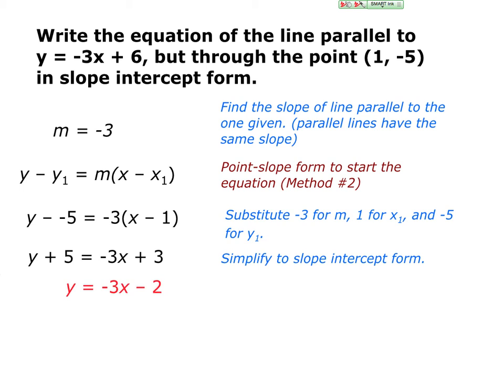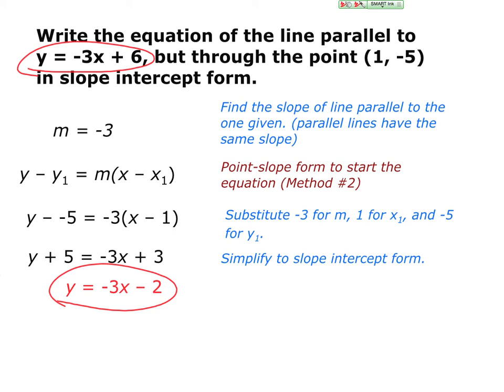How many groups had it right? Okay, quite a few. Some had a +8 or something, so our signs were wrong. Now remember what we did yesterday, when we were looking to see, are they parallel, perpendicular, or coincide? Look at this equation and look at the one we just wrote. Based on yesterday, would you say those lines are parallel, perpendicular, intersect, or coincide?